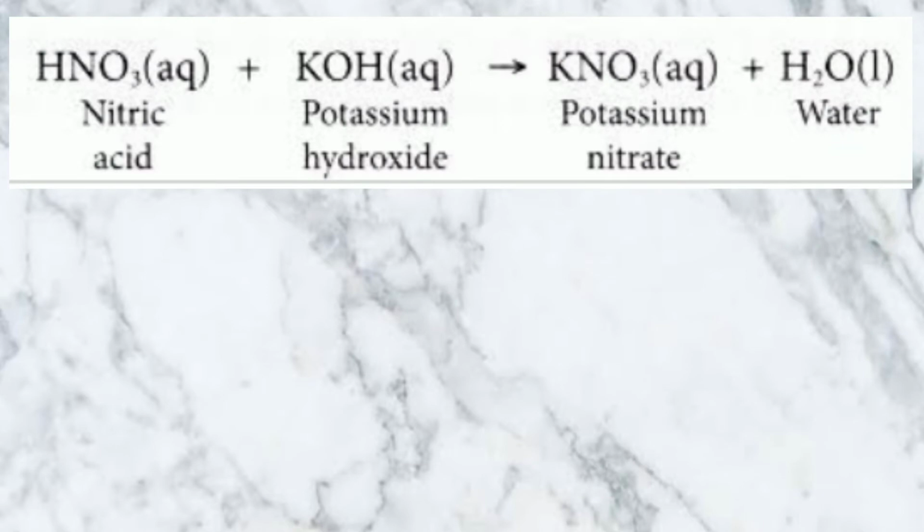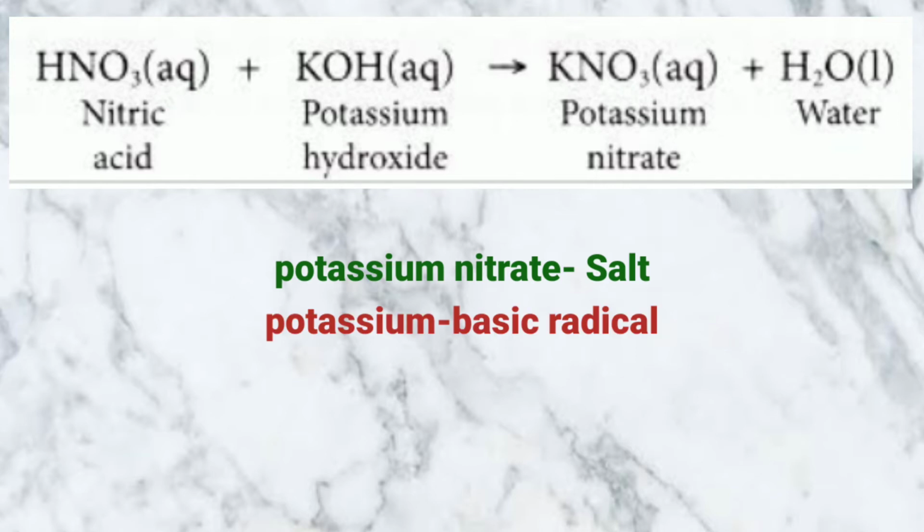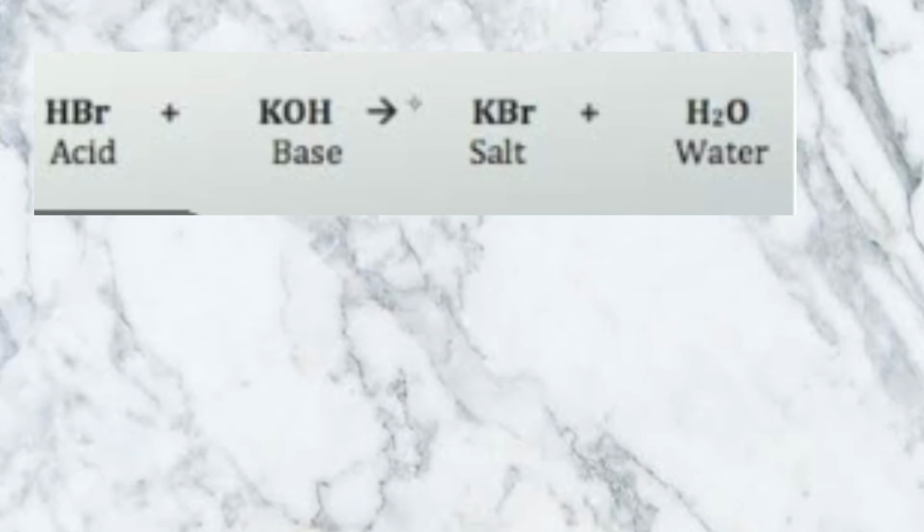One more example: when nitric acid reacts with potassium hydroxide, nitric acid is acid, potassium hydroxide is a base. It gives potassium nitrate and water. Potassium nitrate is the salt in which potassium is the basic radical and nitrate is the acidic radical. Let us see one more example.